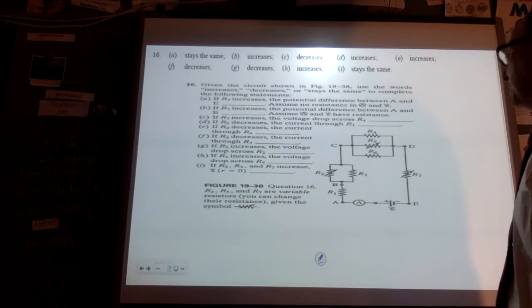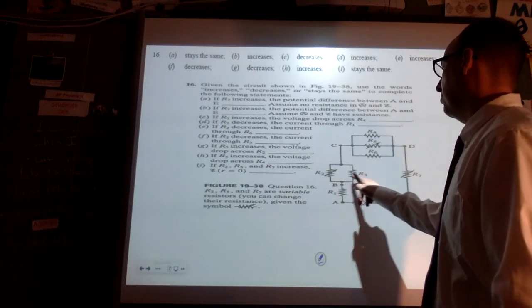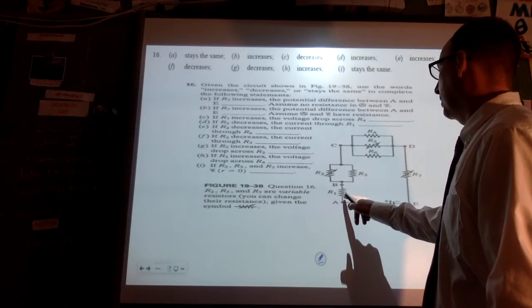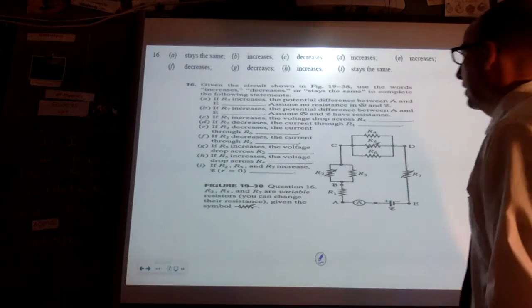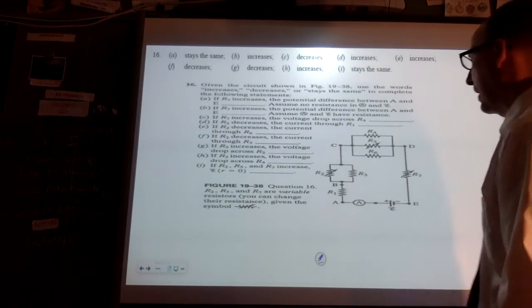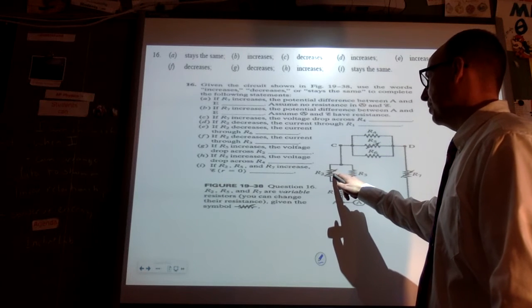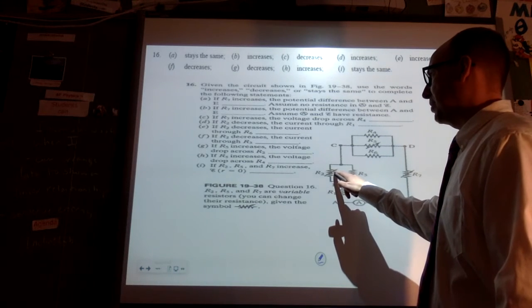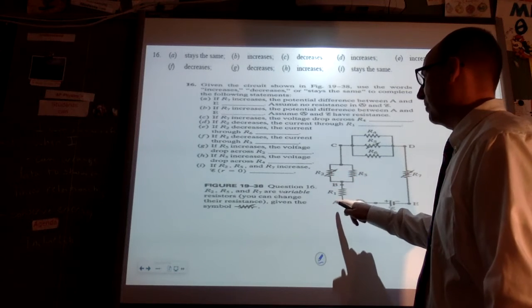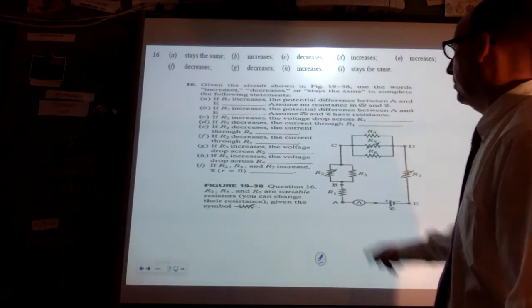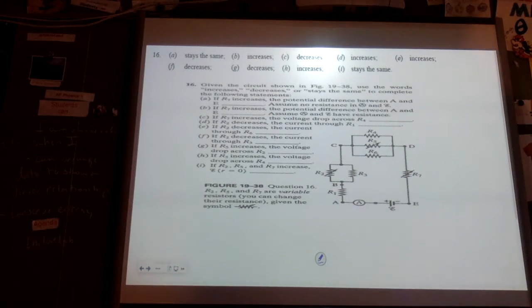If R2 decreases, the current through R1, so by decreasing this, I'm going to decrease the total resistance, which would increase the total current, which would increase the current through R1.